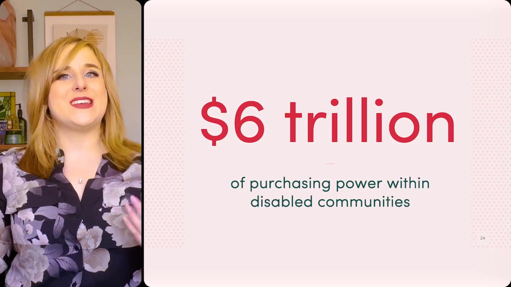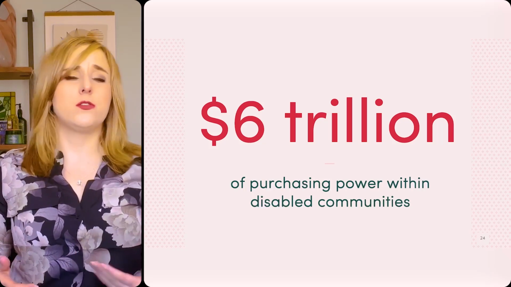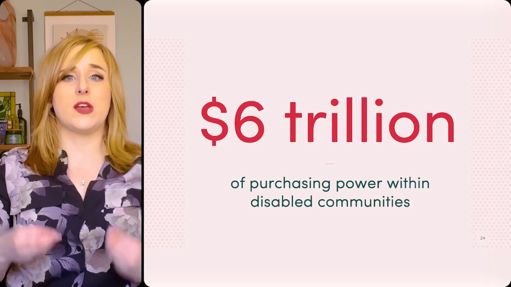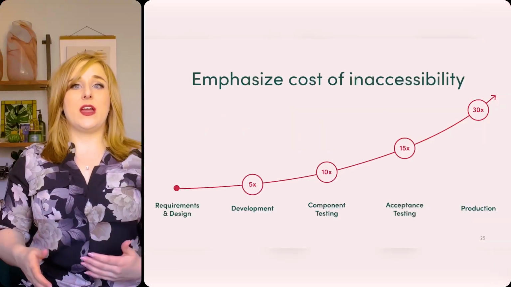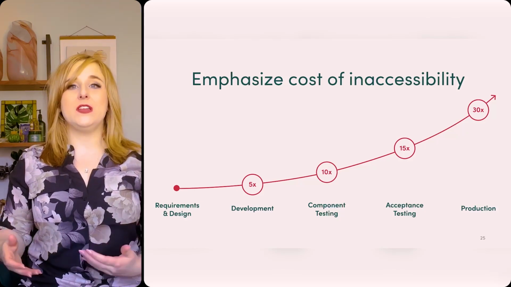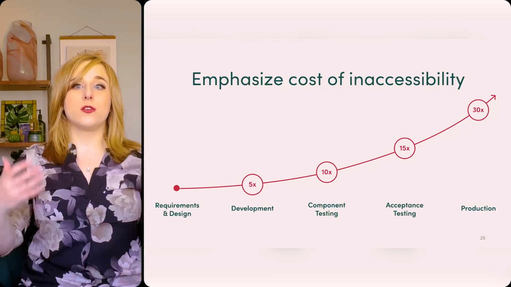Ultimately, if you can present data specifically related to your industry and your organization, use it because it will catch the most attention. It's also worth mentioning that accessibility issues, like any product bug, cost more time and money to address if not fixed early.